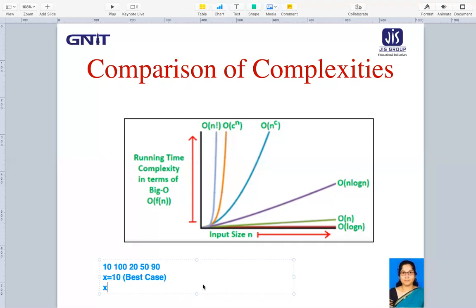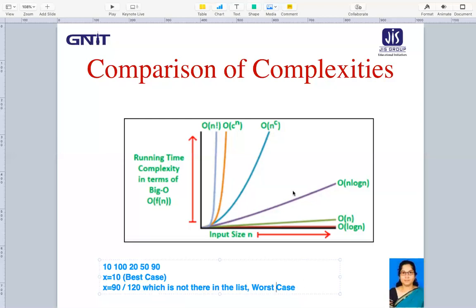And if x is equal to 90 or 120, which is not there in the list, then that can be termed as the worst case, and that can be represented by big O, because big O gives us the upper bound. Because your complexity cannot go beyond this situation. This is the ultimate situation.